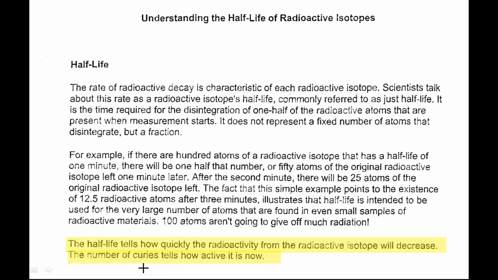Curies are units of radioactivity, and this word has to be capitalized because it's after Marie Curie, right? So we may have some isotopes which are more stable or less stable. The longer the half-life, the longer time it will take for the isotope to decay, and so the more stable it will be, and the other way around.